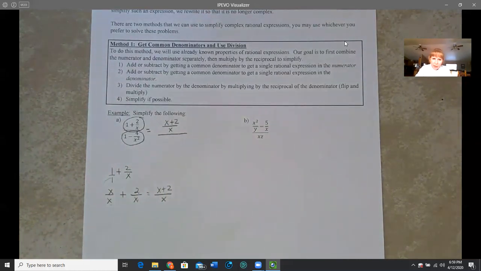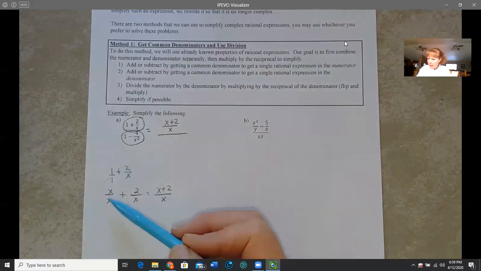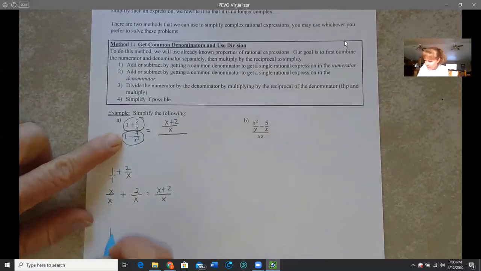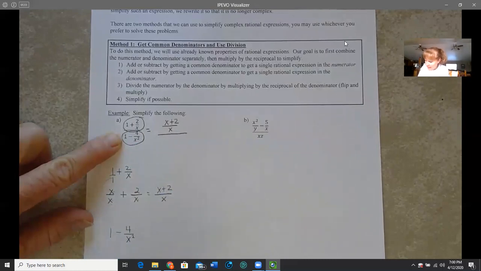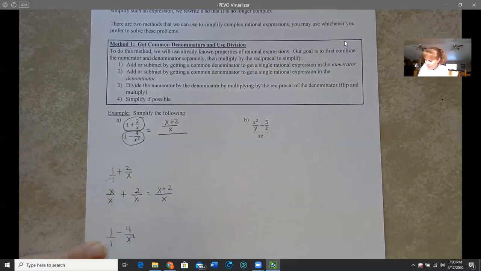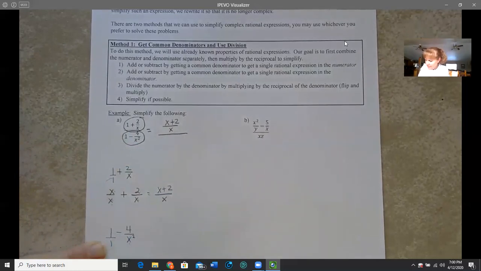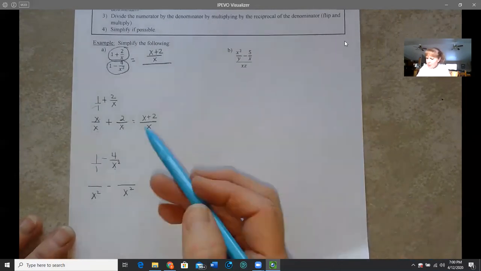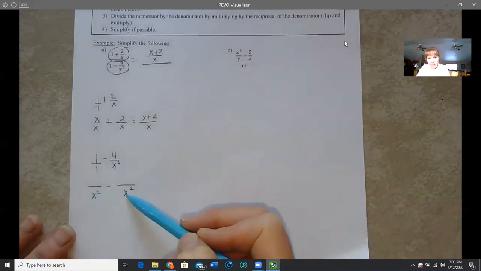Now the next one. Looking at this, I know that x over x was 1. So if I wanted a common denominator here in order to subtract them, the largest power is x squared, so I'm going to use it. To go from 1 to x squared, I multiply by x squared. So I'm going to use x squared as the denominator.